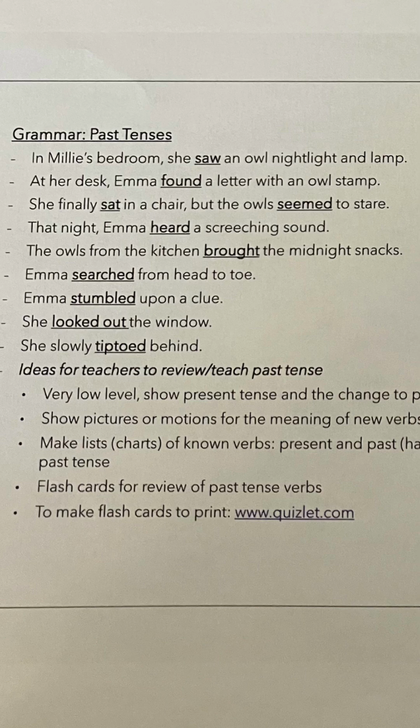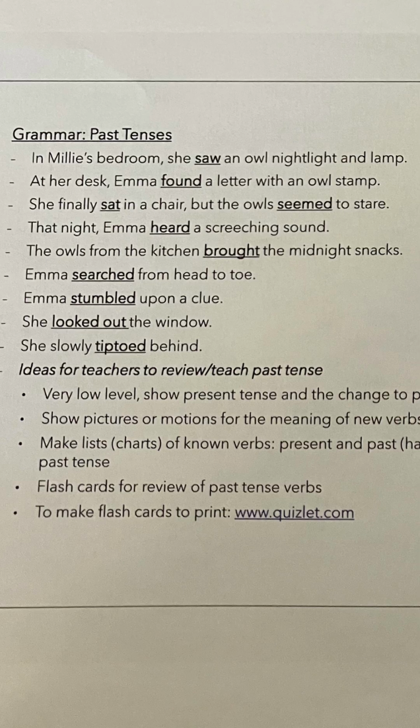So here are just some of the sentences in past tense that we have for Millie's Night Owls. Now you see the irregular verbs that I have are common irregular. So right after you teach the regular past tense, these are some of the common irregular verbs you're going to teach right away. In Millie's bedroom, she saw an owl, nightlight, and lamp.